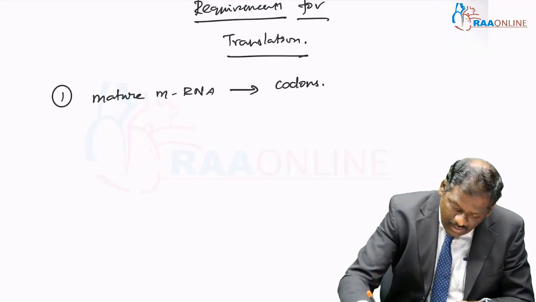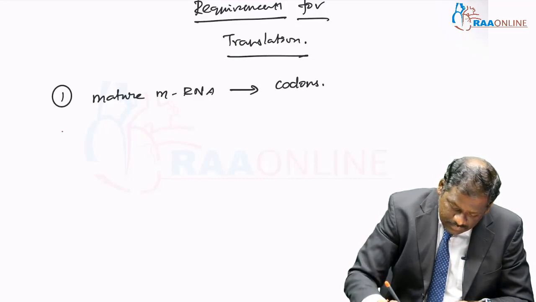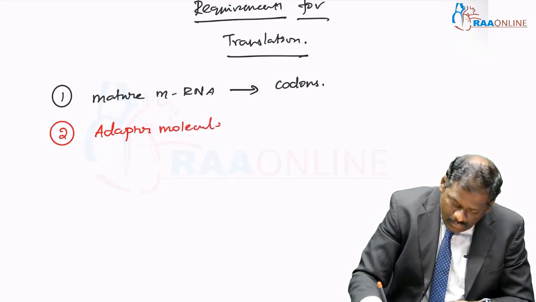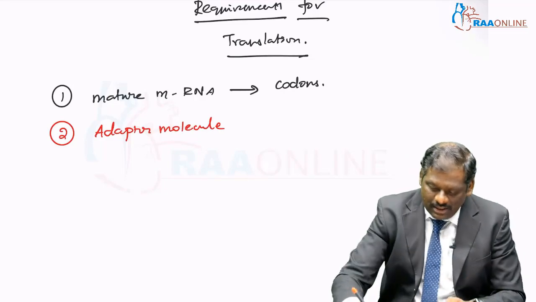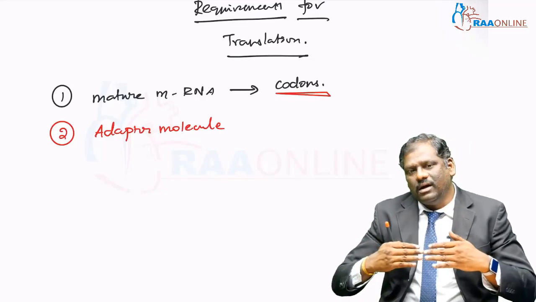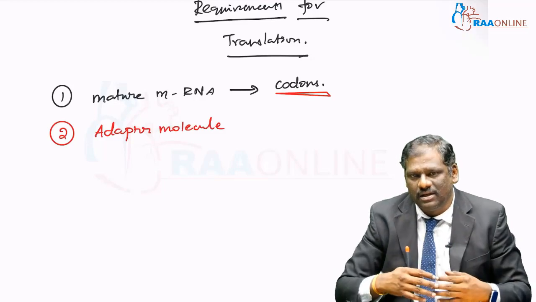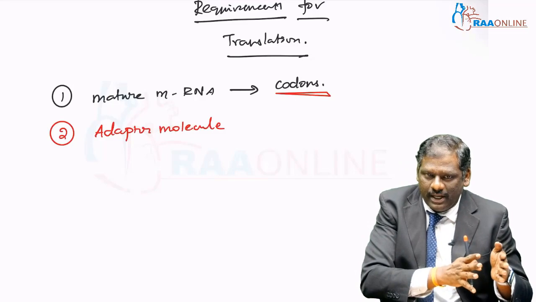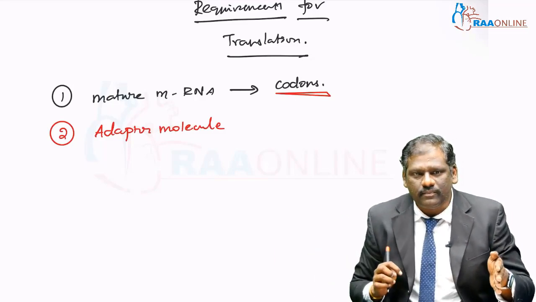The second requirement will be some kind of an adapter molecule. What do you mean by an adapter molecule? See, these codons use the language of DNA and RNA. It is a genetic language. This genetic language has to get translated to a protein language.